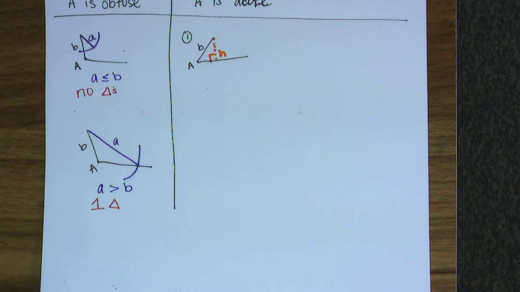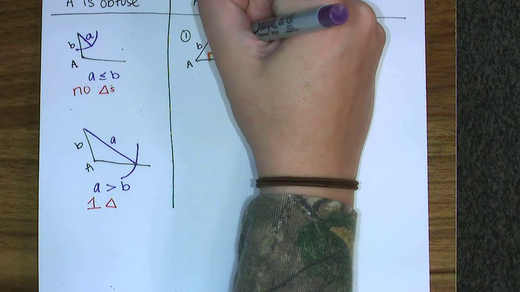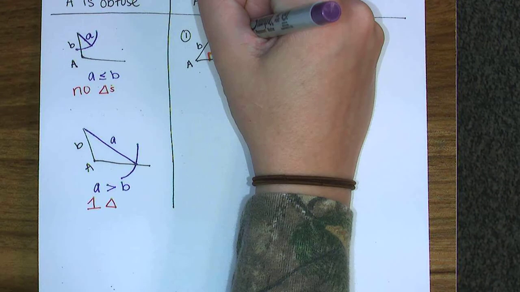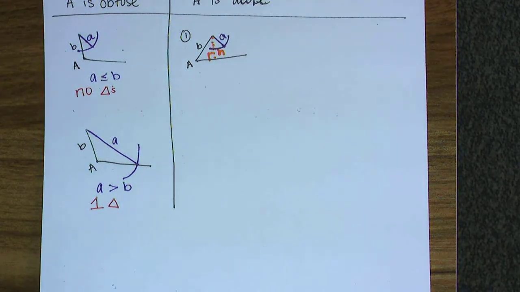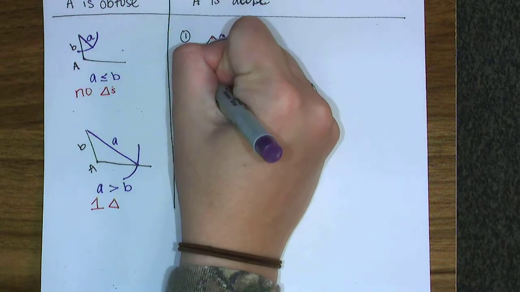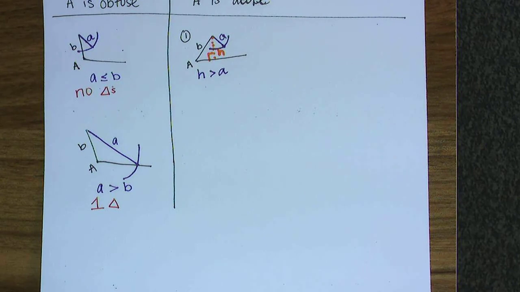Now, our a value could be small again, and it's going to swing through, it's going to intersect that h value. In this case, we say that h is greater than a. And if that's the case, case 1 is that there's no triangle. No triangle formed.